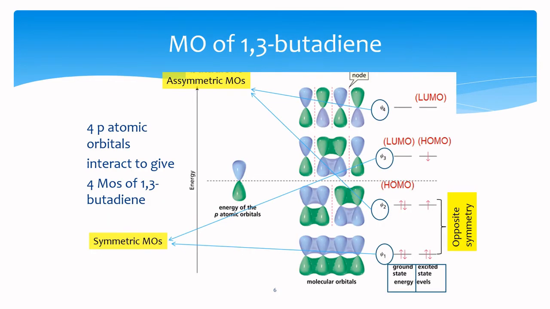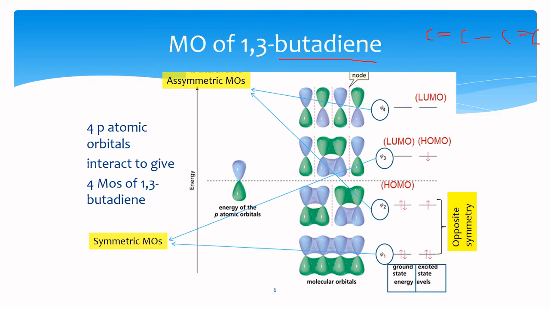Now let's take a look at the molecular orbitals of 1,3-butadiene. We know that butadiene has four carbons. Diene means it has two double bonds, at carbon number 1 and carbon number 3. This is the structure of 1,3-butadiene.